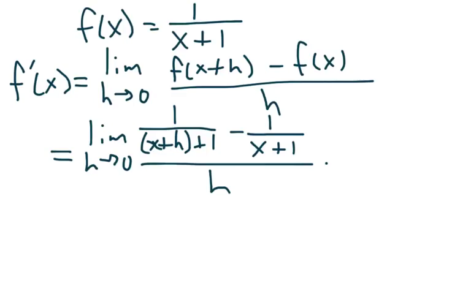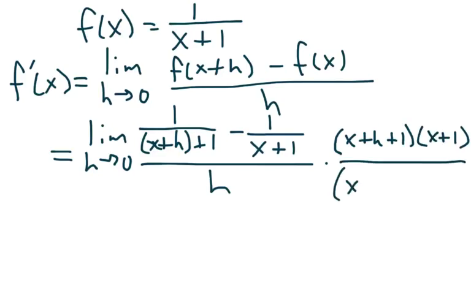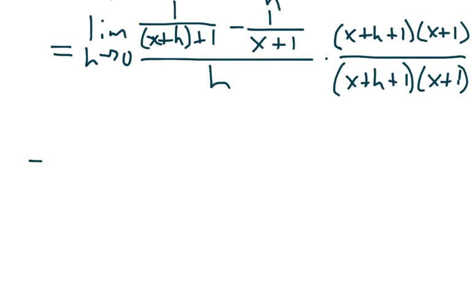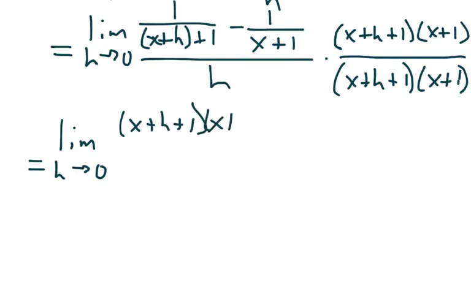To do that, I'll multiply top and bottom by what would be the common denominator, x plus h plus 1 times x plus 1. Distributing into the numerator gives us the limit as h approaches 0 of (x plus h plus 1 times x plus 1) over (x plus h plus 1).